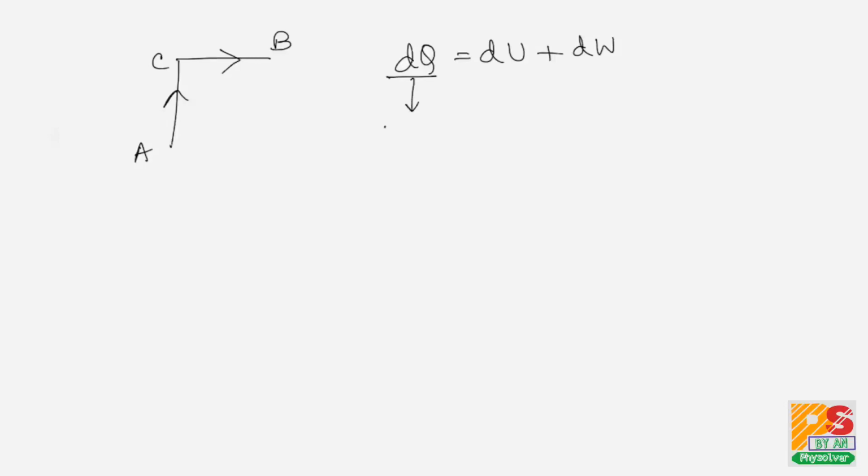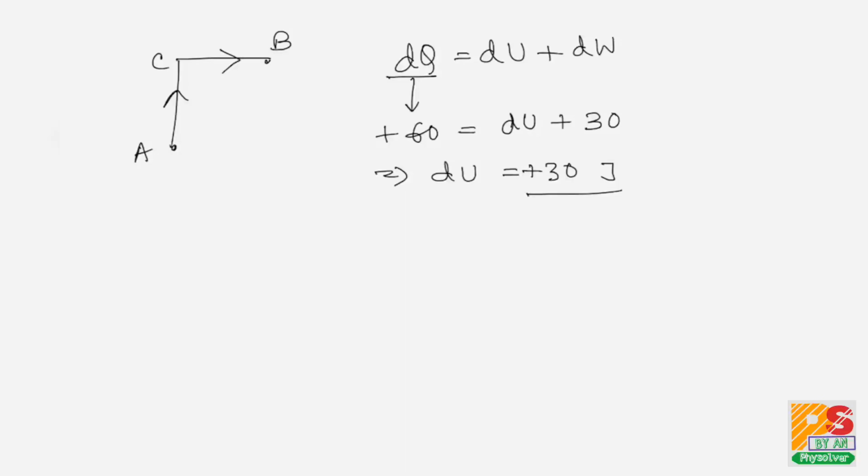So dq will be plus 60, and 30 joule of work is done by the system. As I mentioned earlier, if the system does the work, then according to my convention dW will be positive. So this is also plus 30. Therefore du, that is the change in internal energy, is positive 30 joule. That means I can say, since this is positive, in going from A to B, the internal energy of the system increases by 30 joule.